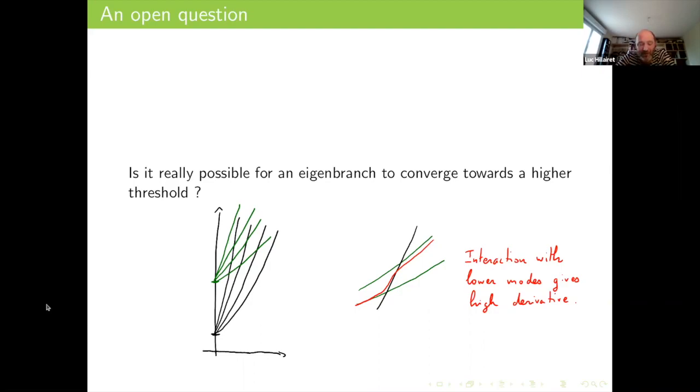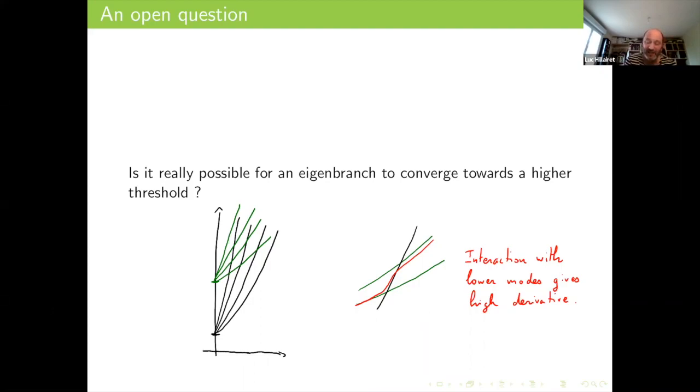I've drawn this picture where you have a black curve that goes down to the lowest threshold, and two green curves that converge to a higher threshold.